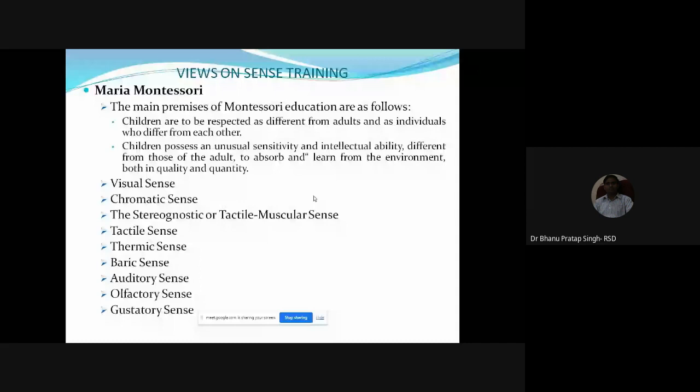And there are so many senses, meaning visual sense. It is also developed through peer grouping. Chromatic sense is related to the environment of schools.